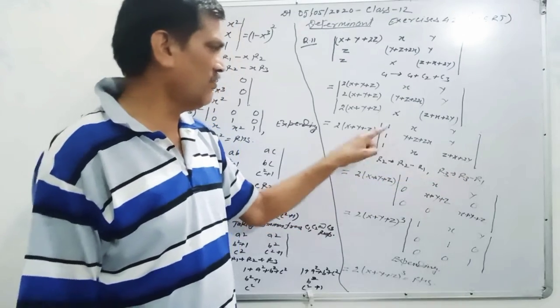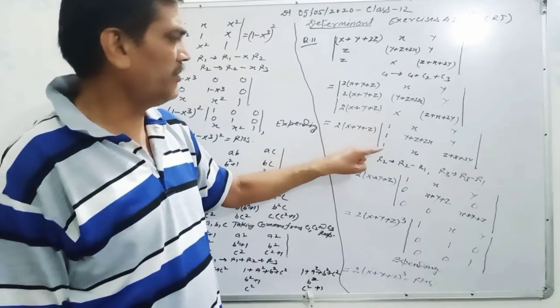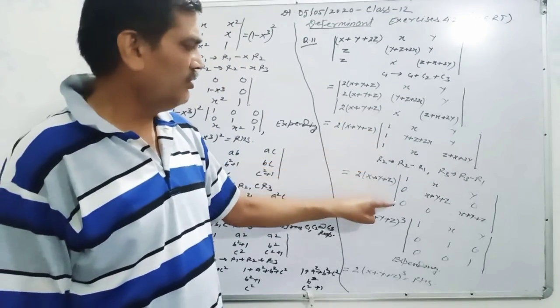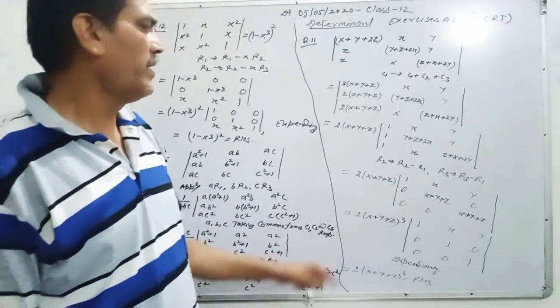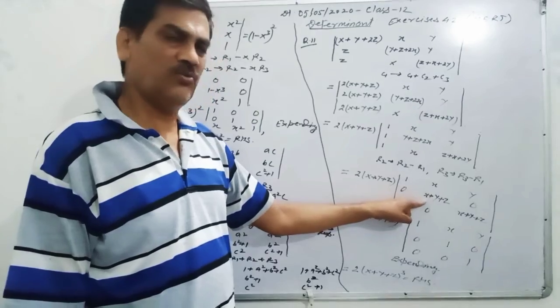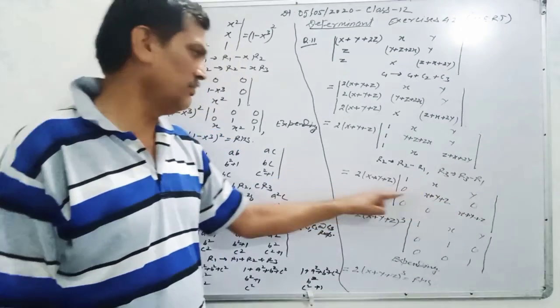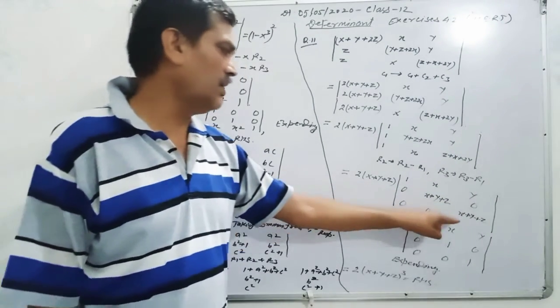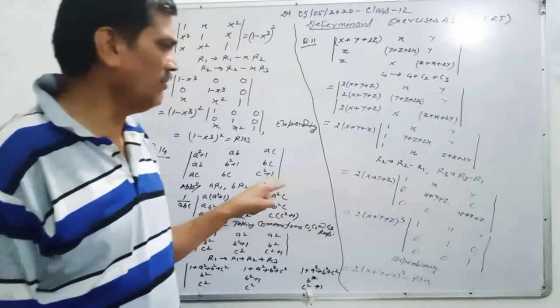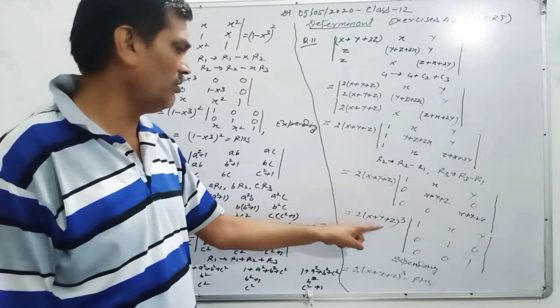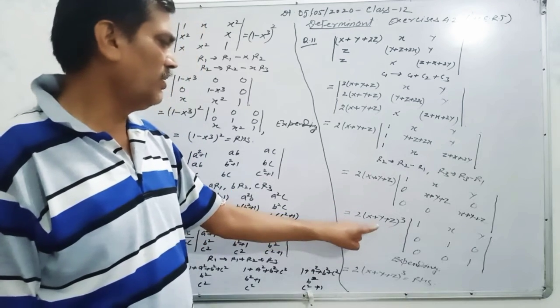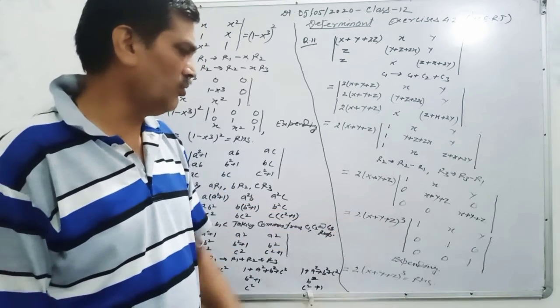R3 minus R1, R1 is subtracted from R3. In R3 you will have these elements. Now you can take x plus y plus z common from R2 and x plus y plus z from R3. Means 2 more factors you can take common out of this. You will have (x plus y plus z) whole cube.